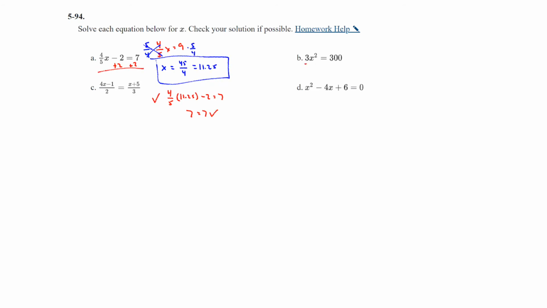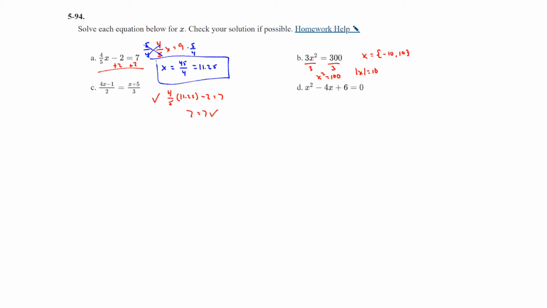On to B. We have an x squared, but we can isolate it by dividing by 3 and get x squared equals 100. And then when you take the square root, you get x equals 10. But also remember, when you take the square root, it's really the absolute value of x that equals 10.